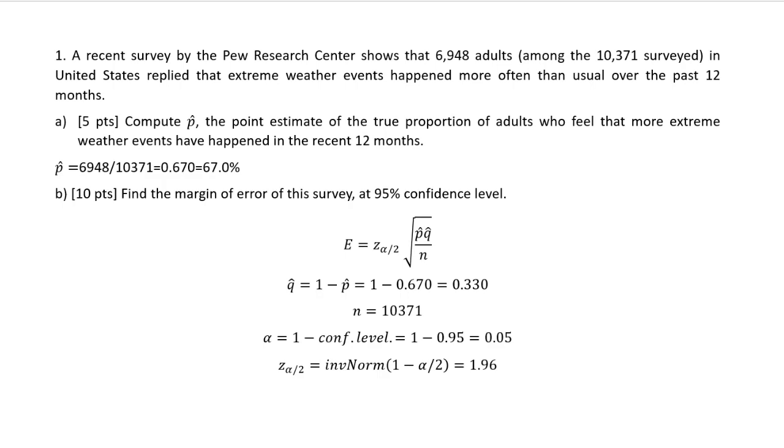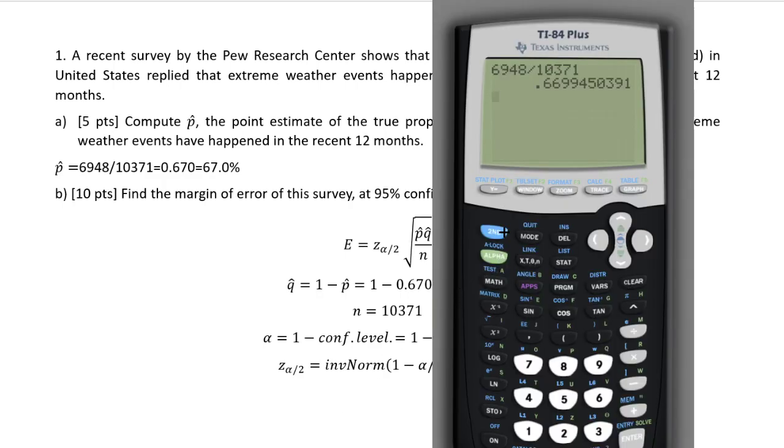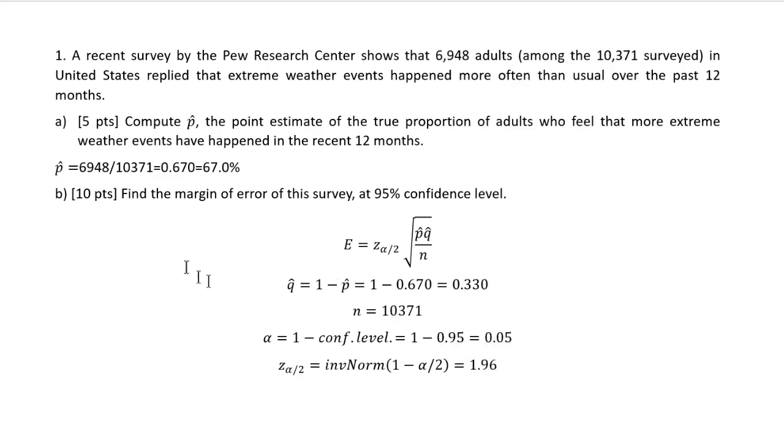So let me briefly show you how to do this in the calculator. You do second distribution, you go to inverse norm, and you punch in 1 minus 0.05 divided by 2 as the area that you want, and if you paste, you get 1.9599, which rounds to 1.96. So that's what I got. And since I have all the values I need, I can just plug them in to find the margin of error.